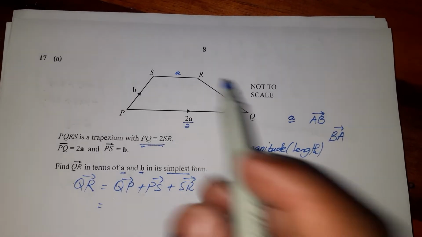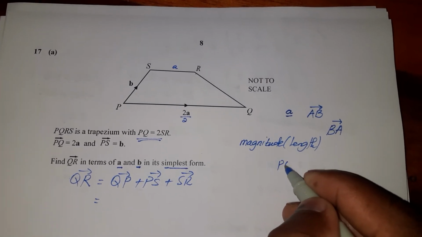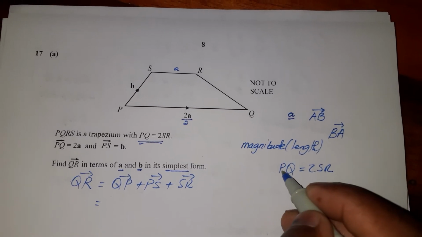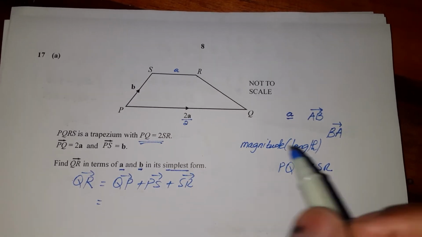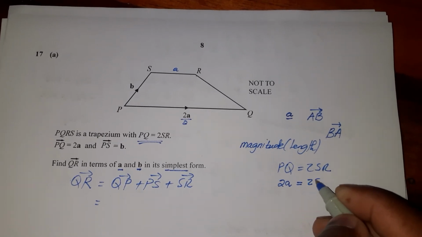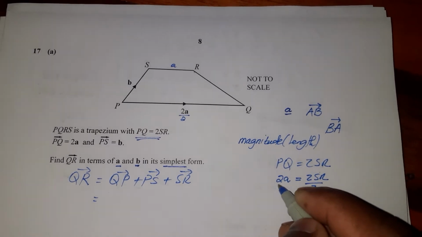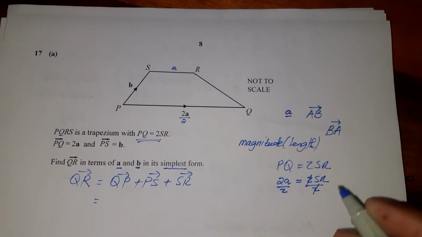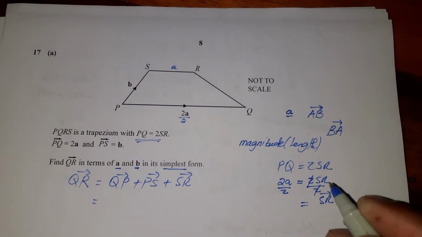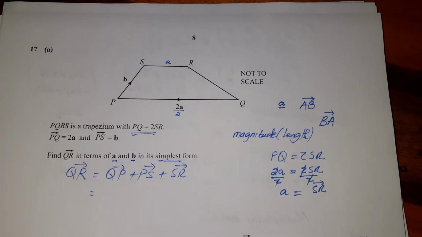If you want to know how to get that A, in simple terms, I have PQ equals to 2SR. We know our PQ, the magnitude is 2A. So you can write 2A equals to 2SR. So to get our SR, we divide both sides by 2, so that this and that can cancel, and then our SR is now this, and that is A. That is how I got that A there.